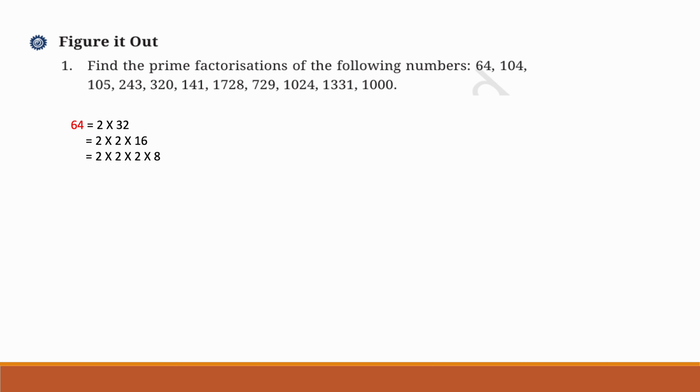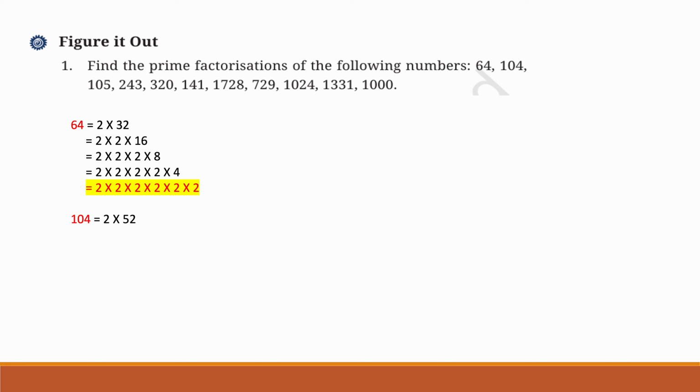So 64 is equal to 2 into 2 into 2 into 8. Again we can rewrite 8 as 2 into 4. Then 4 can be written as 2 into 2. So this is the prime factorization of 64: 2 into 2 into 2 into 2 into 2 into 2.